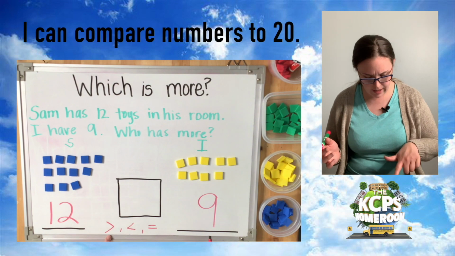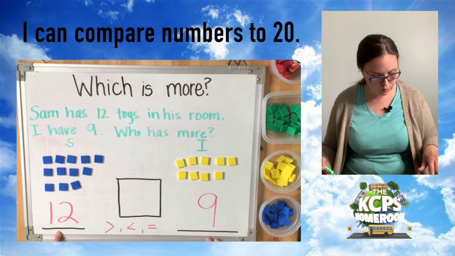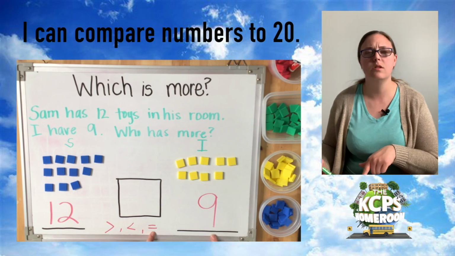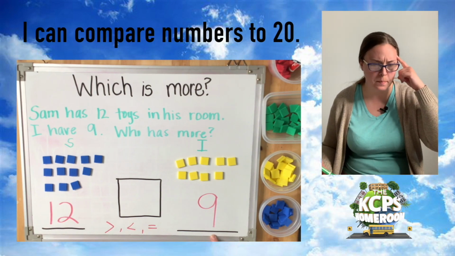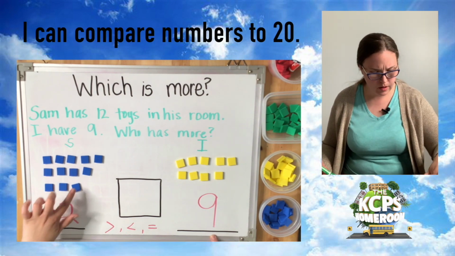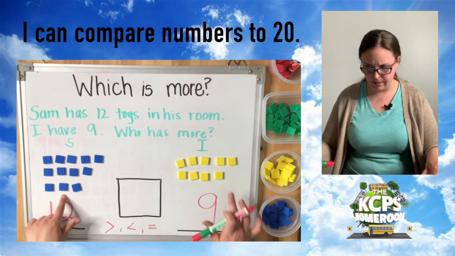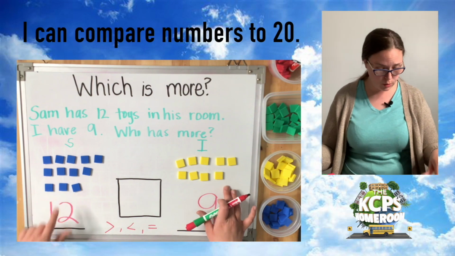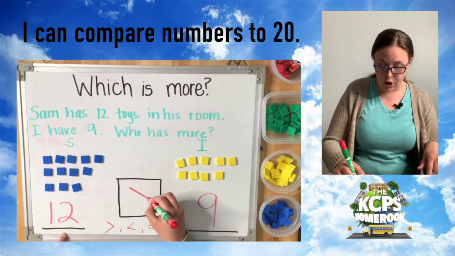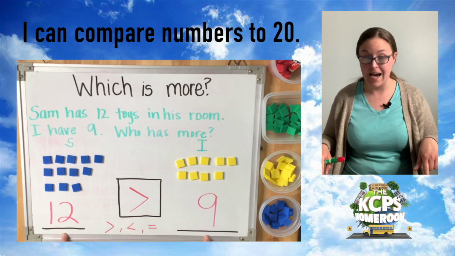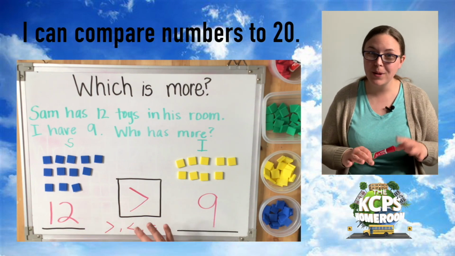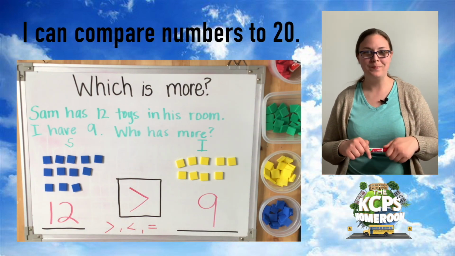Is 12 greater than 9, 12 less than 9, or is 12 equal to 9? Well, 12 is definitely bigger than 9. The group of 12 toys is bigger than the group of 9 toys, so 12 must be greater than 9. Great job, friends! I'm going to erase my board so we can get started with problem 2.